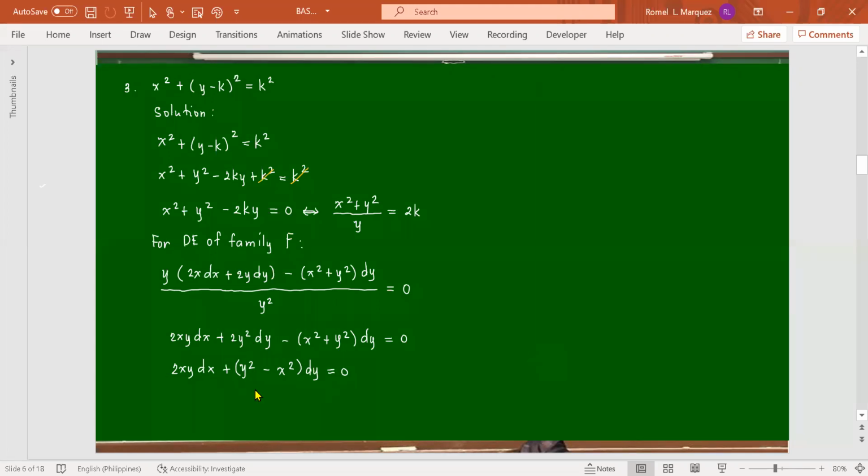So this is now the differential equation of this family F.